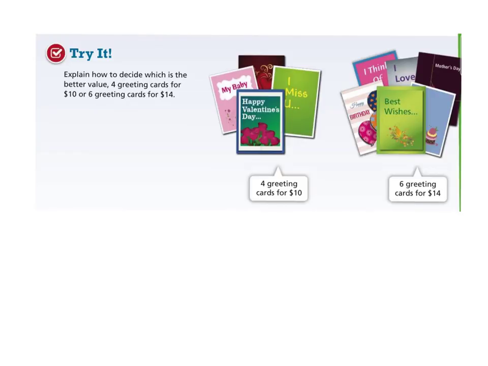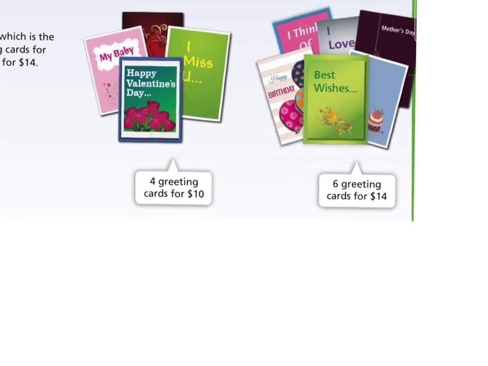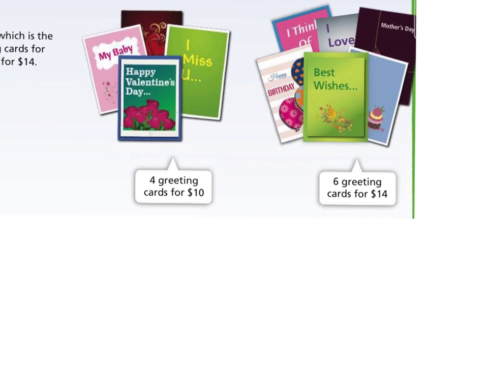The try it. Explain how to decide which is the better value: 4 greeting cards for $10 or 6 greeting cards for $14. Sometimes when you're doing these problems, if you wanted to, you could try to get them to be the same number of cards. The quicker thing probably besides that is just figuring out how much does it cost per card, right? Find the unit price.